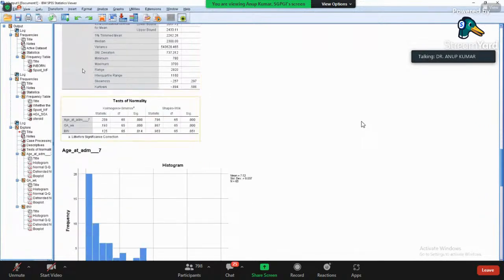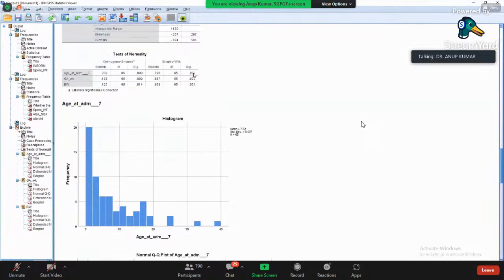The null hypothesis is that the data is normally distributed. For age at admission this is rejected. Gestation age at week is also rejected. Birth weight you can see is also very close to rejection.